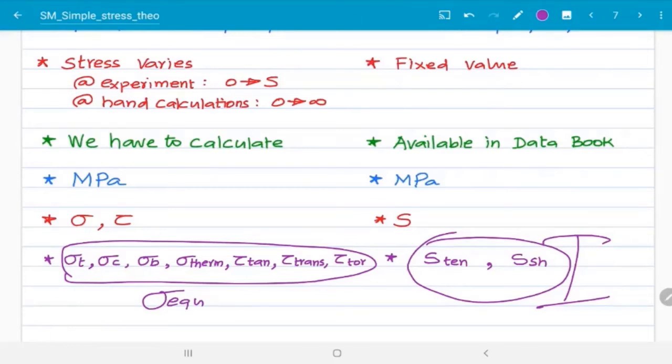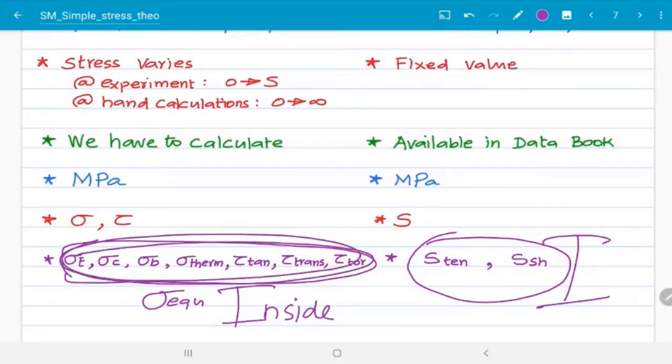The equivalent stress will vary from minimum to maximum inside the material. These seven stresses can be applied on the external surface of the component only.